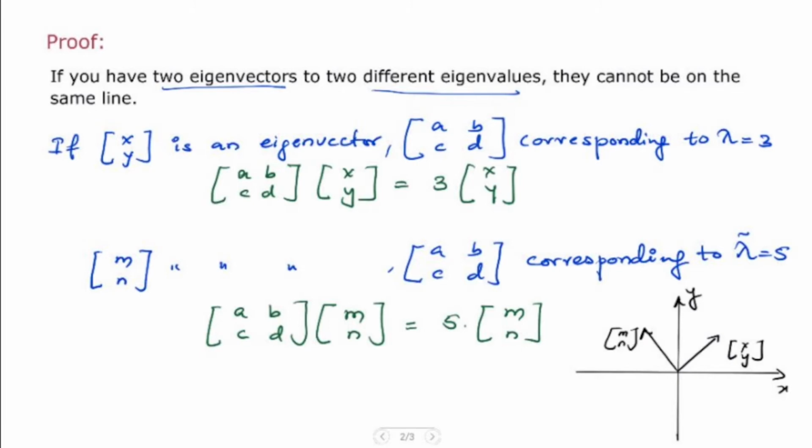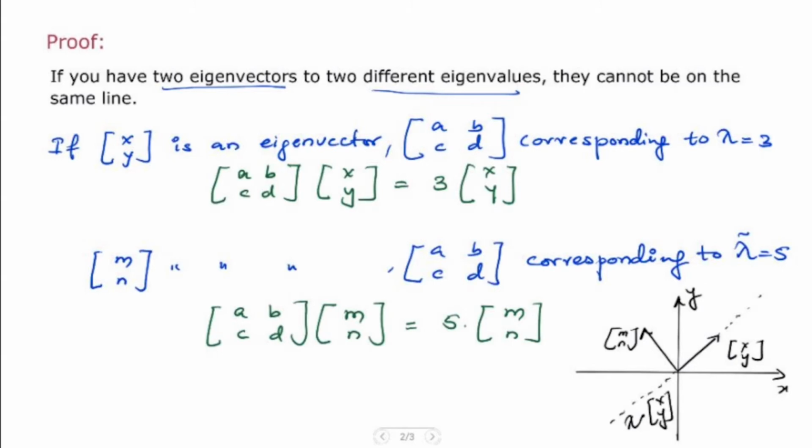So as you can see, these two vectors are not on the same line, because if it has to be on the same line, which is if it has to be on this line here, then it has to be some real number, let's say lambda, times the vector x, y, right?